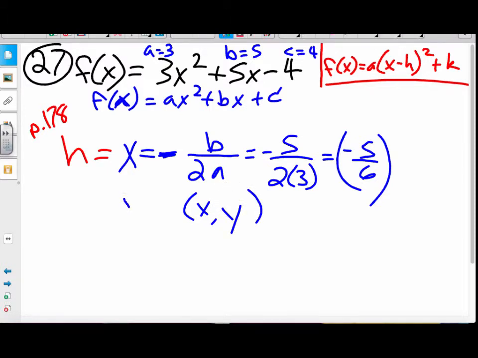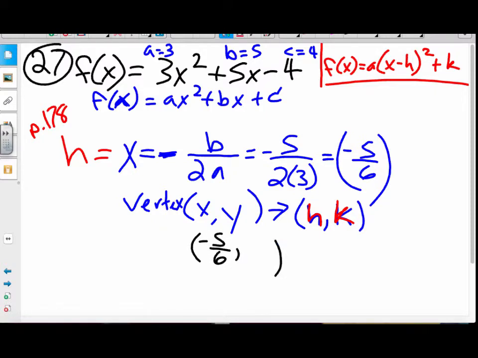So let's unpack this a little bit. I have to find the vertex. I have x comma y, but really I could also think of that in terms of h comma k. So far what I figured out is that for the vertex, x is equal to negative 5 over 6.